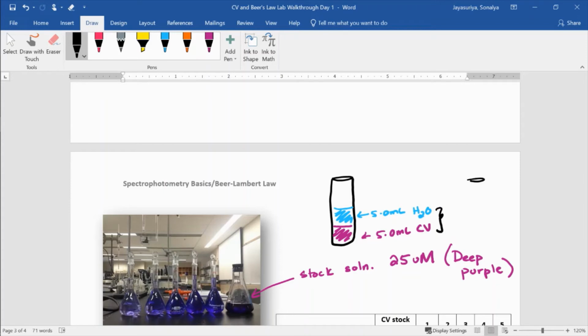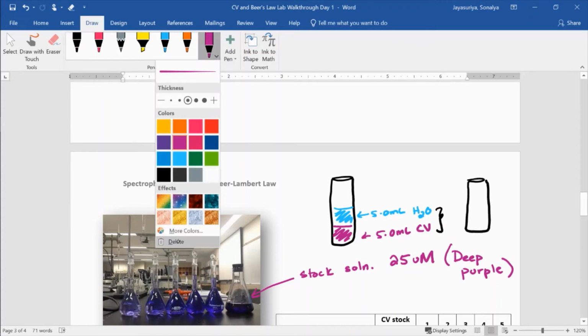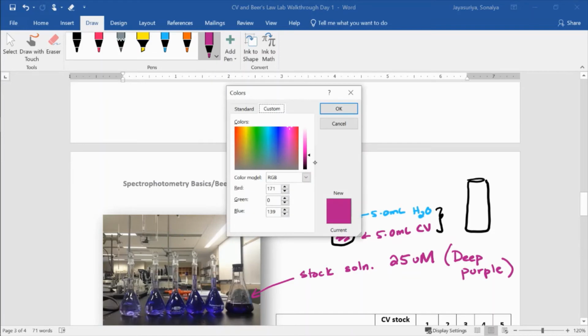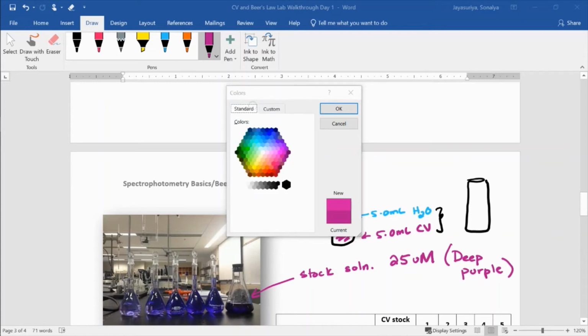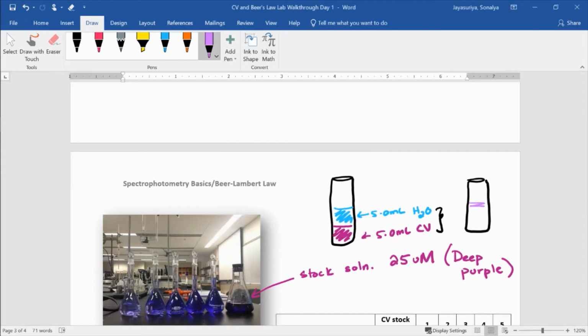But when you mix them together, you have something that's like a lesser purple than the color you started out with, okay? Make it lighter. Let's make it like that purple. So you would have a different colored solution that is lighter, okay? So this would be like 12.5 micromolar. All right. So this is originally 25 micromolar, and this is 12.5 micromolar.